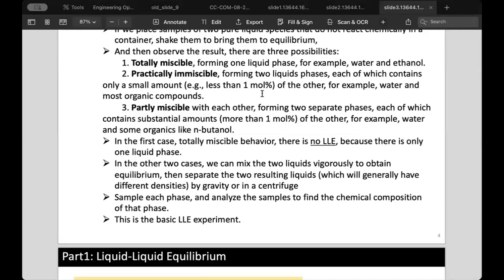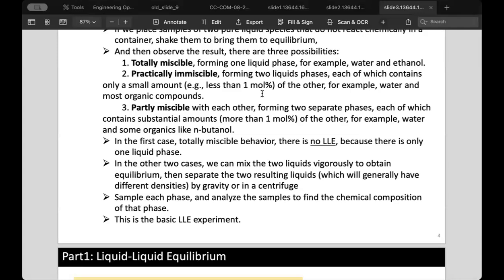So in this case, the mixture contains two liquid phases, right? So we need liquid-liquid equilibrium in order to study its equilibrium, because there are two liquid phases.